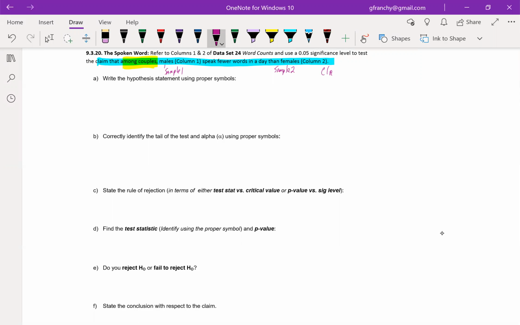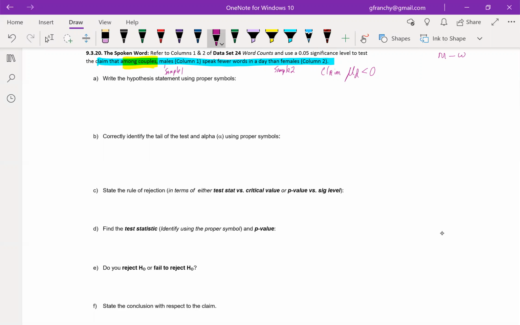So our claim, if we're going to have men speaking fewer words than women, is that the first number minus the second number is going to be something that is less than 0. If you have trouble seeing that, we have the number of words spoken by a male in a day minus the number of words spoken by their female partner in a day.